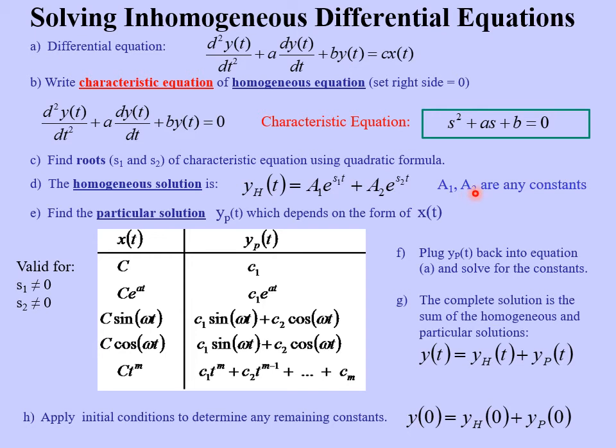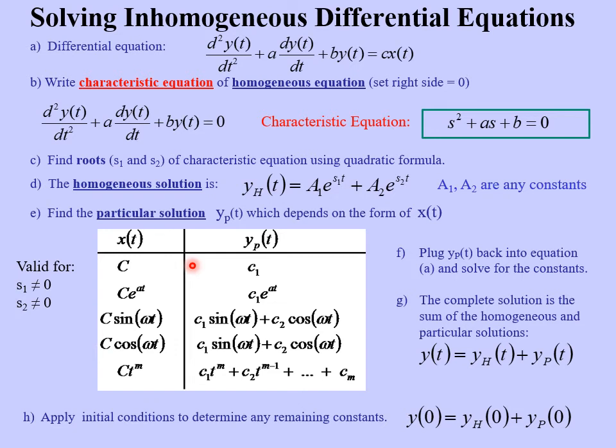All right, so the other half of this solution is to find what's called the particular solution, y sub p, and that depends on the form of whatever is over here on the right side. So this table here is a handy table to use for finding the form of the particular solution.